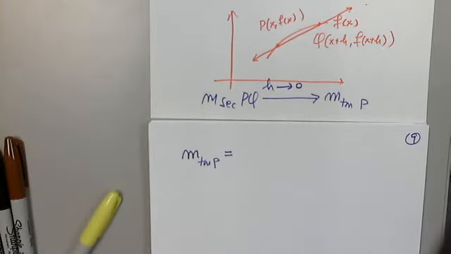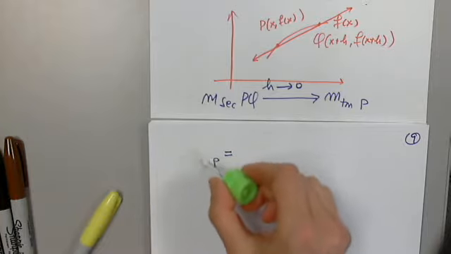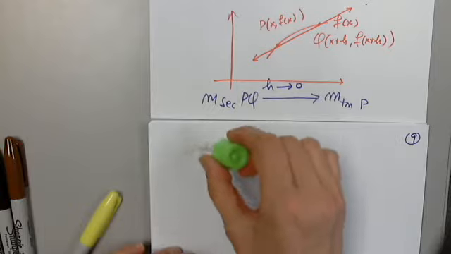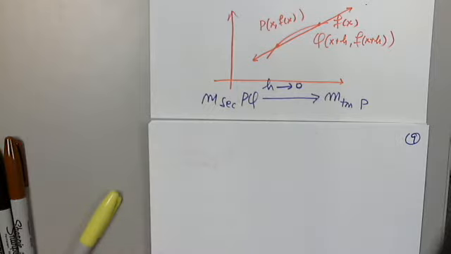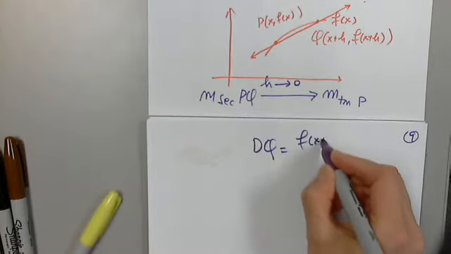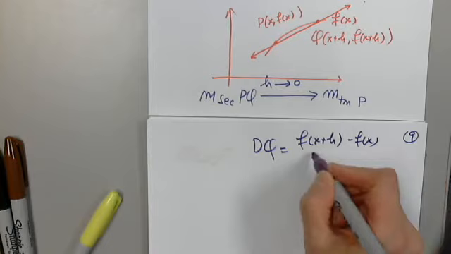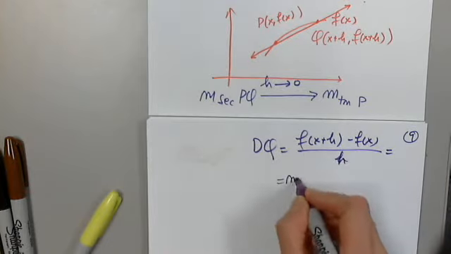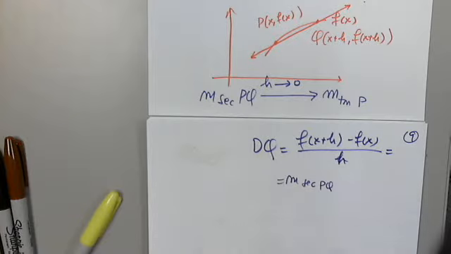So I'm going to white this out, not to confuse you when you look at it. So we said that the difference quotient was f of x plus h minus f of x divided by h. And this is also the slope of the secant line PQ.